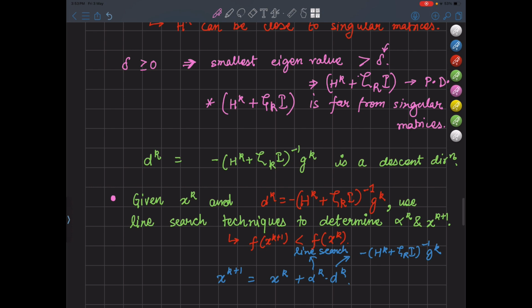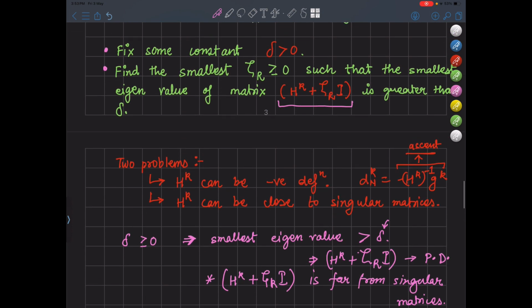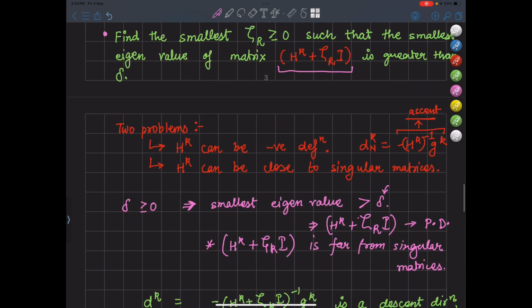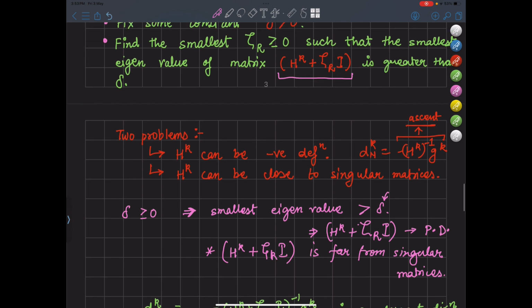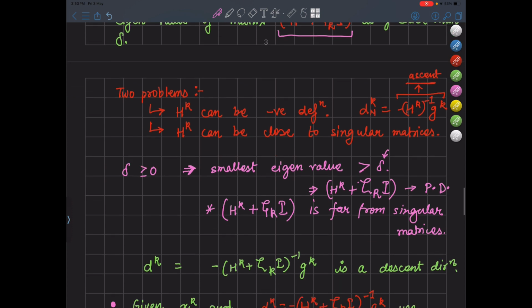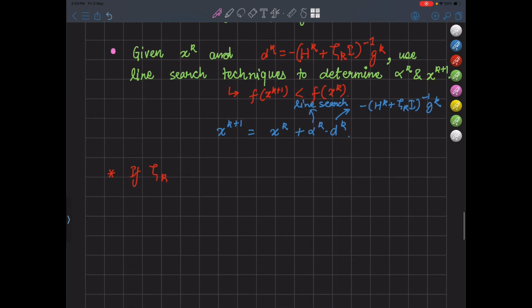So basically xi k is a number which, when multiplied by I and added to Hk, increases the smallest eigenvalue of this matrix to greater than delta, right? So now this number xi k depends upon Hk.